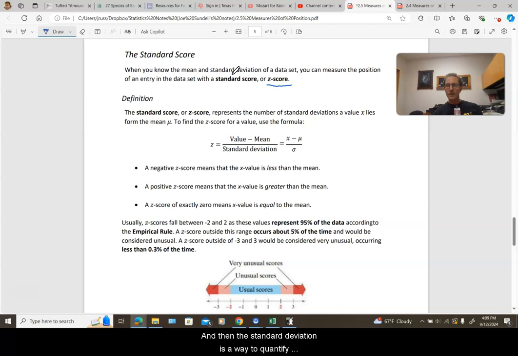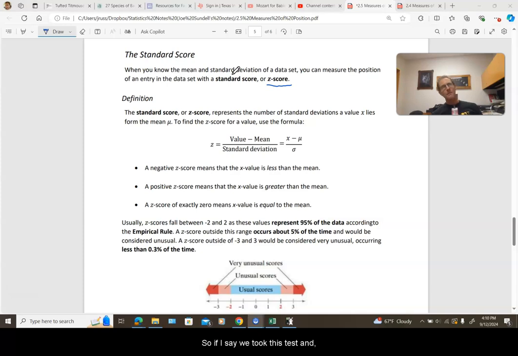And then the standard deviation is a way to quantify how spread out the data is, how much variation there is in the data.